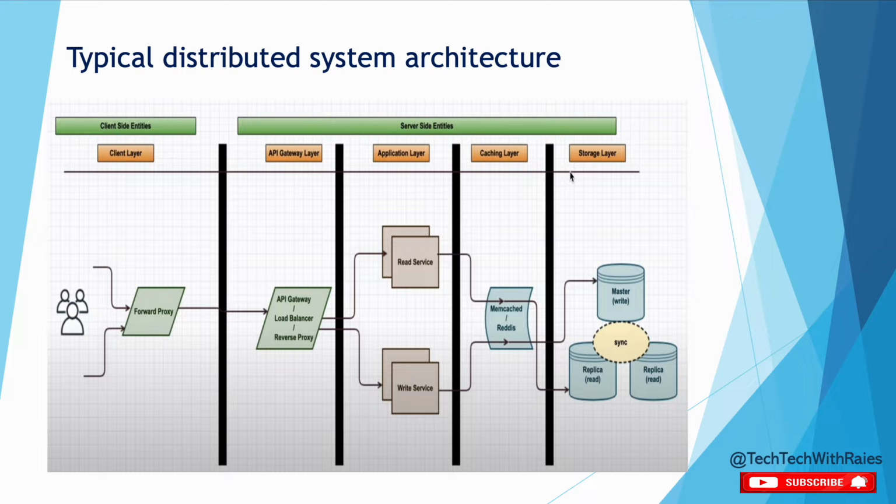The application layer and caching layer together make a single layer, the application layer. And finally, the last server side layer is the storage layer, which is responsible for storing the actual data and is the main source of actual data.